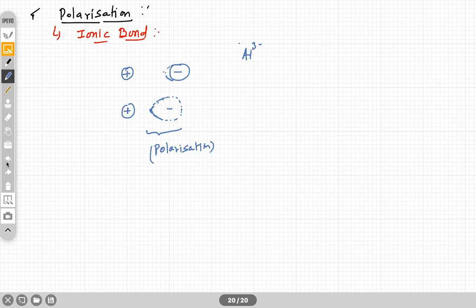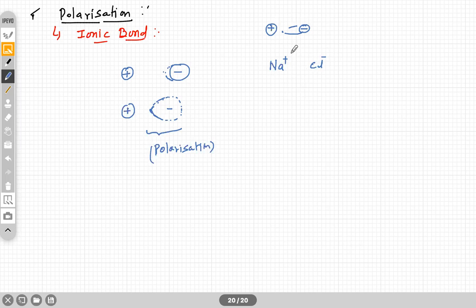Now you see one thing here. What is an ionic bond? An ionic bond is because of the attraction between positive and negative charge. Suppose we have NaCl, so we have Na+ and Cl-. It is an ionic bond because you have electrostatic attraction. When the charge starts spreading between the 2 points, it leads to covalent character.